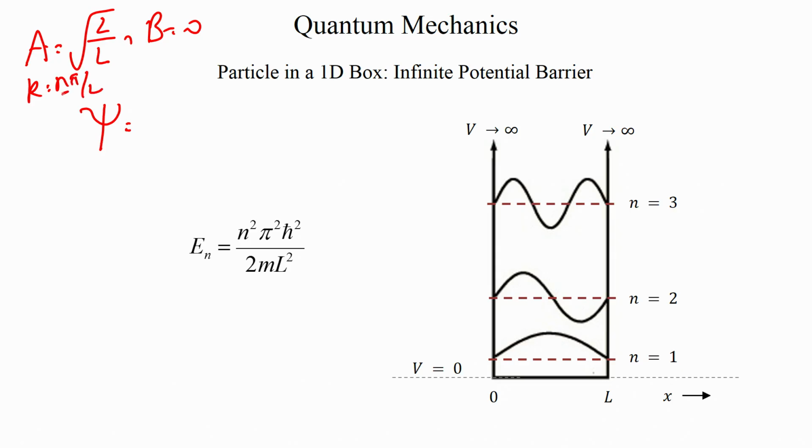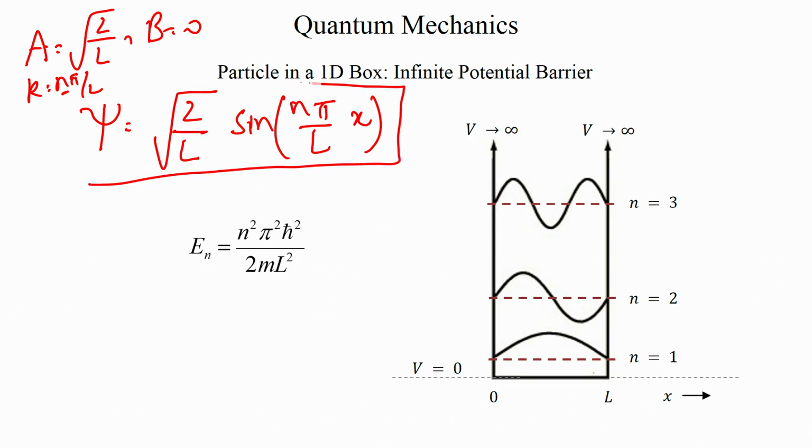So k could take multiple values and they are all integer multiples of pi by L. So therefore my psi has now become square root of 2 by L sine of n pi by L into x. So this is my wave function. We set out on this exercise to identify a, b and k. We have identified all three terms and we now have our wave function.